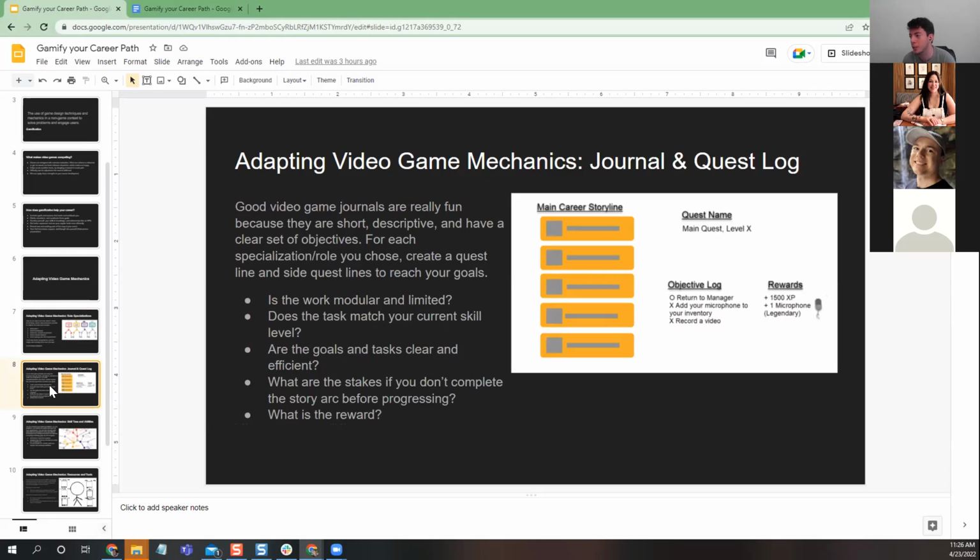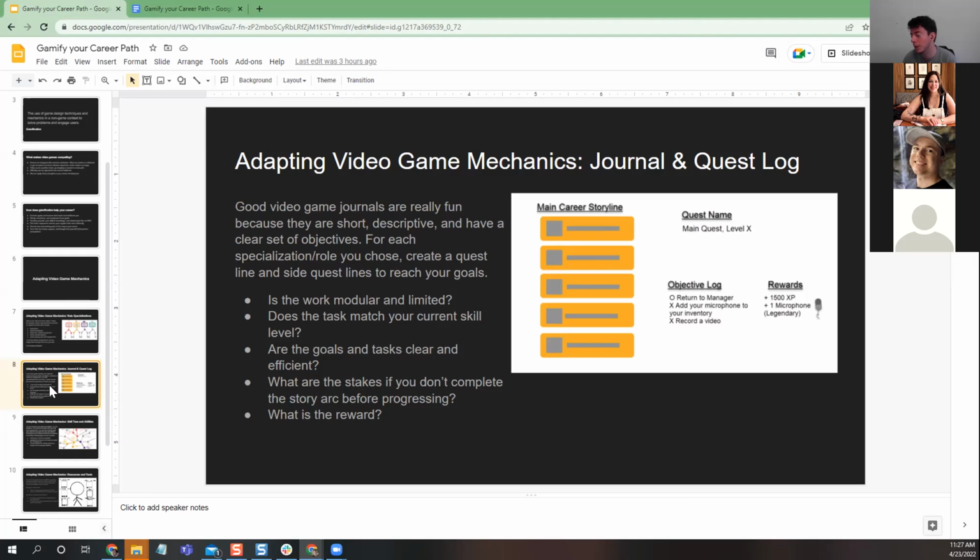Another thing is keeping a journal or a quest log. A lot of technical writers that I've talked to like to write down what they're working on for their day-to-day tasks. If you're a student, think about your homework and the things that you have to do, but also connect those to larger ideas, like, I'm taking this content auditing course, and I want to eventually create a content audit for Tesla because I want to work there.